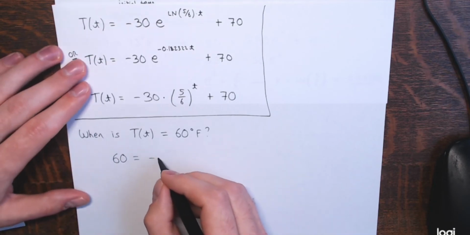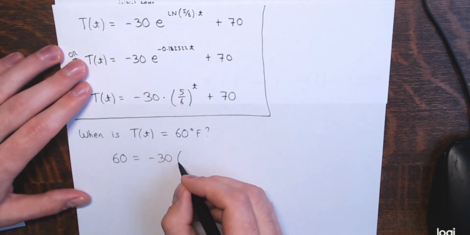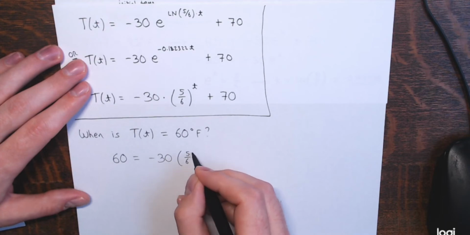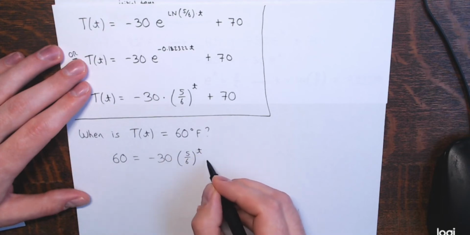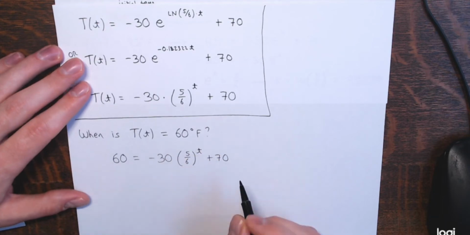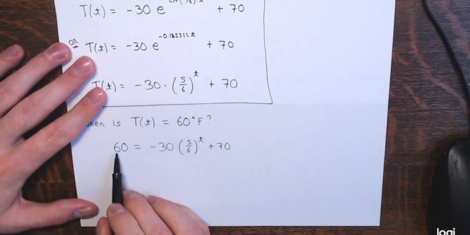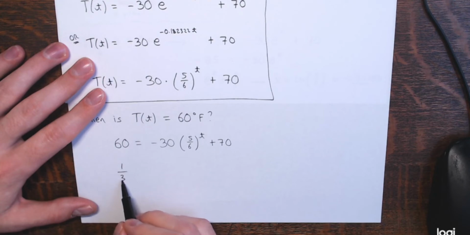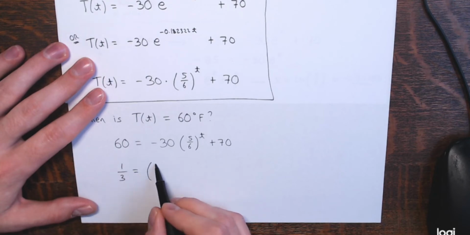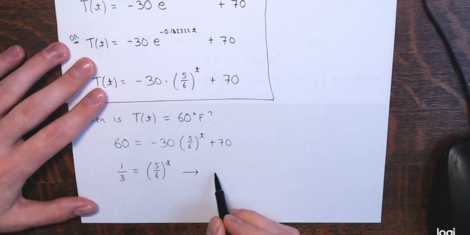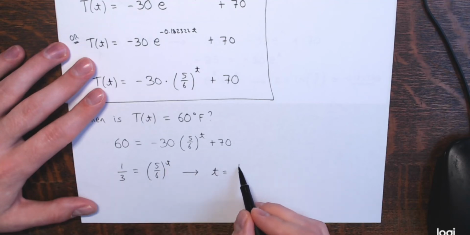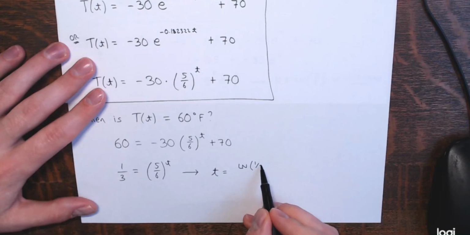So 60 equals negative 30 times 5 sixths to the t plus 70, and then subtract 70, you get negative 10, divide by negative 30, that's positive 1/3 equals 5 sixths to the t. So t would be the natural log of 1/3 divided by the natural log of 5 sixths.